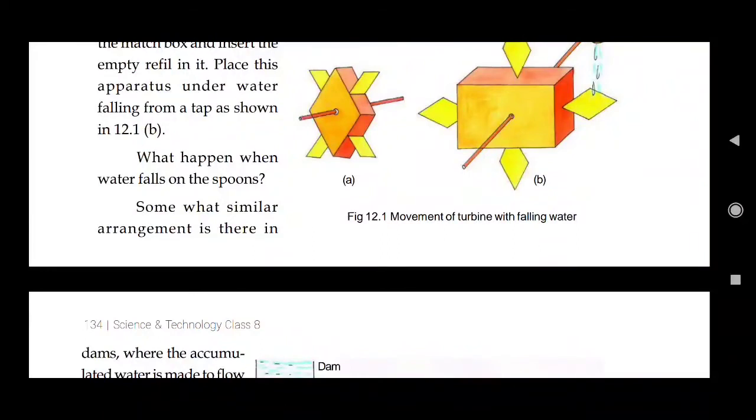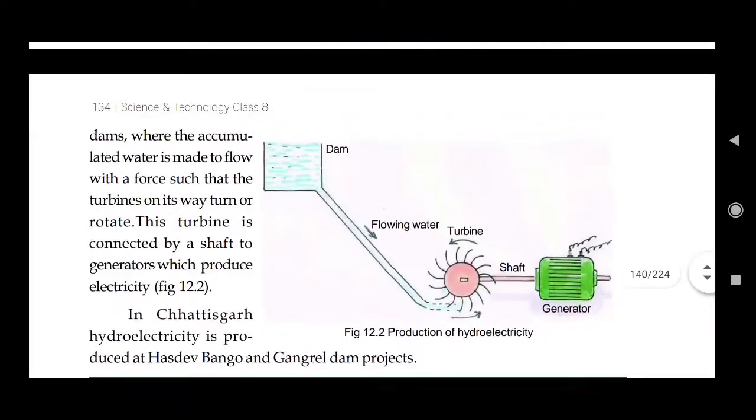So when the water falls on the turbine, it moves very fast. When the turbine is moving very fast, then electricity is produced, and that electricity we use at our home or factories or everywhere.